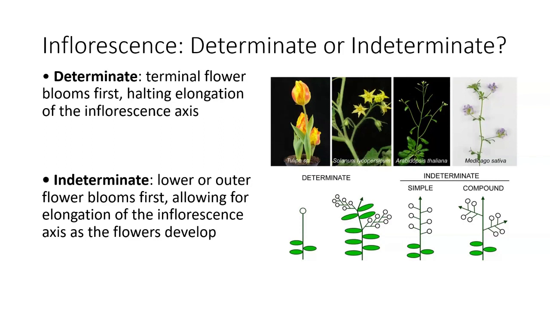Or they can be indeterminate, so that's when the lower flowers bloom first. Determinate means they bloom from top to bottom. Indeterminate means that they will bloom bottom to top.